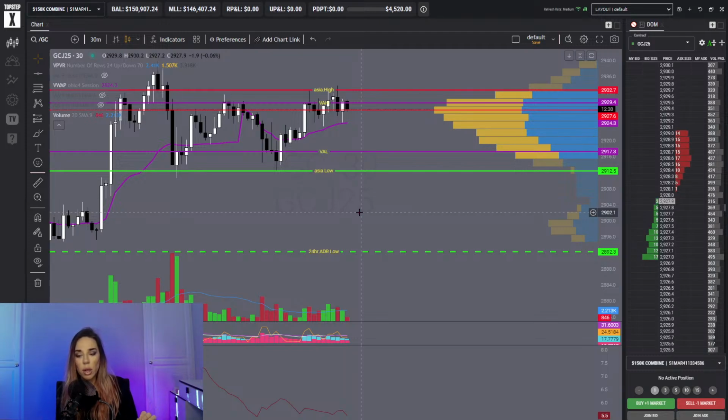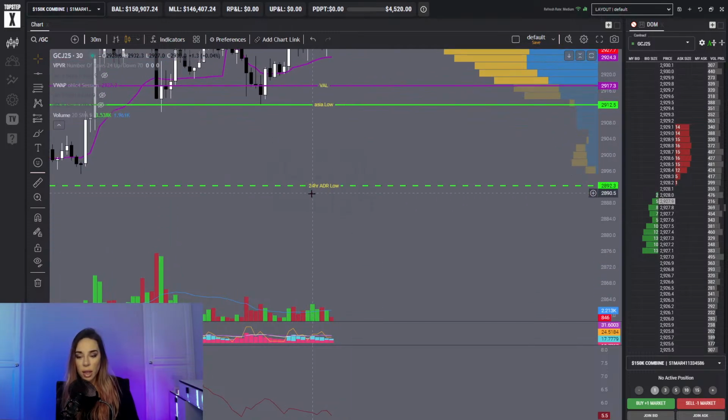Now, if the ADR low gets ignored, and let's say they get there, they consolidate, then they go lower, say you have some kind of an unwinding or liquidation day, and it goes through it and doesn't reclaim the 24-hour ADR low within about an hour, you can then use this line almost as a backtest level for further downside, because it usually consolidates there and creates an intraday supply.